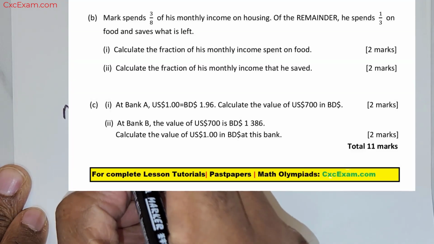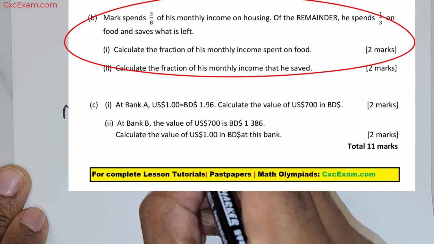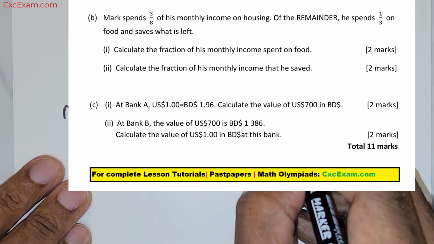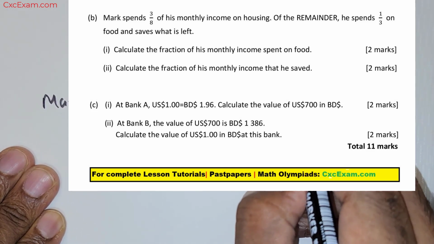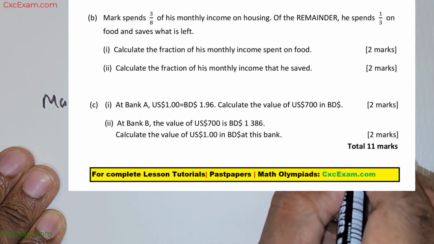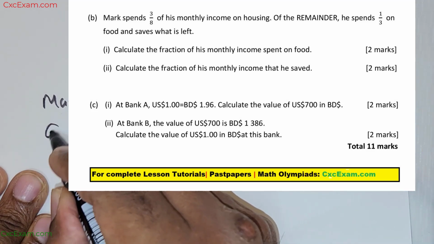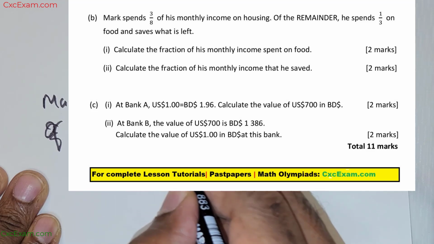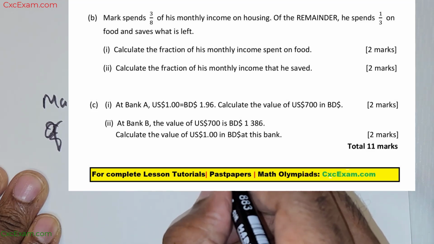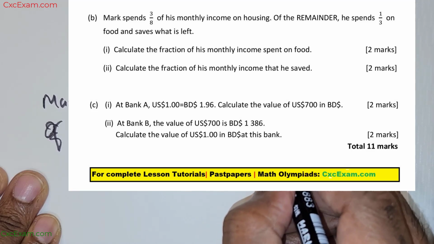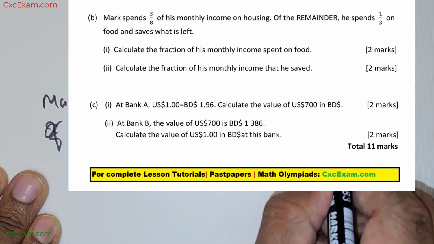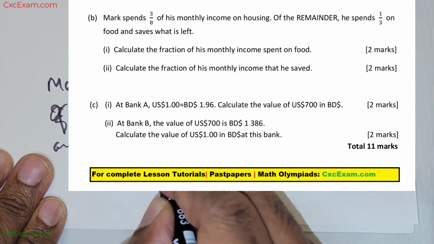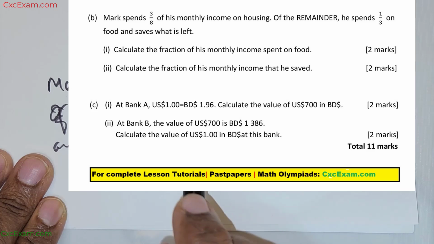Mark spends 3/8 of his income on housing. Of the remainder, he spends 1/3 on food and saves the rest.